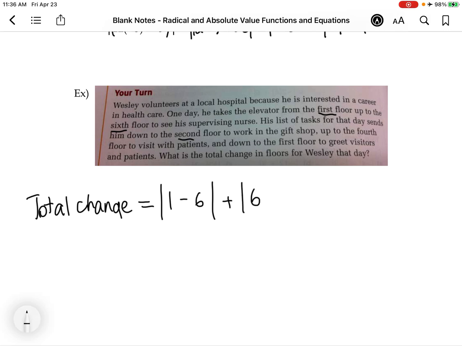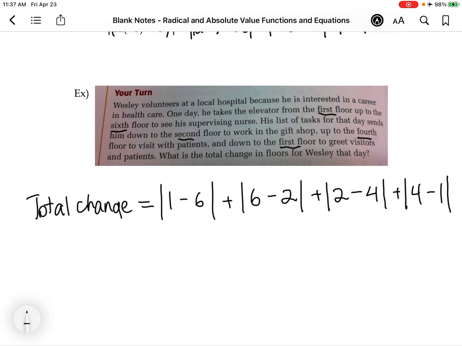So he starts at the 6th and he goes down to the 2nd. That's the second difference. Okay, then he goes up to the 4th. So he goes from the 2nd to the 4th. That's the third difference. And then he goes down to the 1st. So he starts at the 4th and goes down to the 1st. Okay, so these are like the 4 different rides that he takes, essentially.